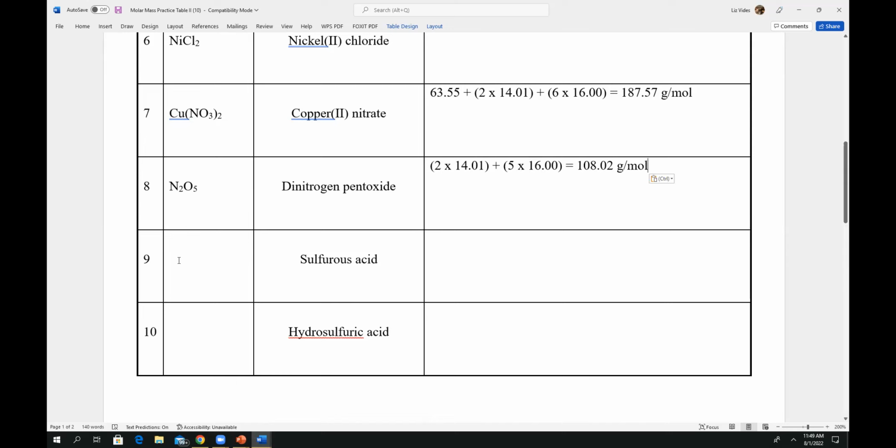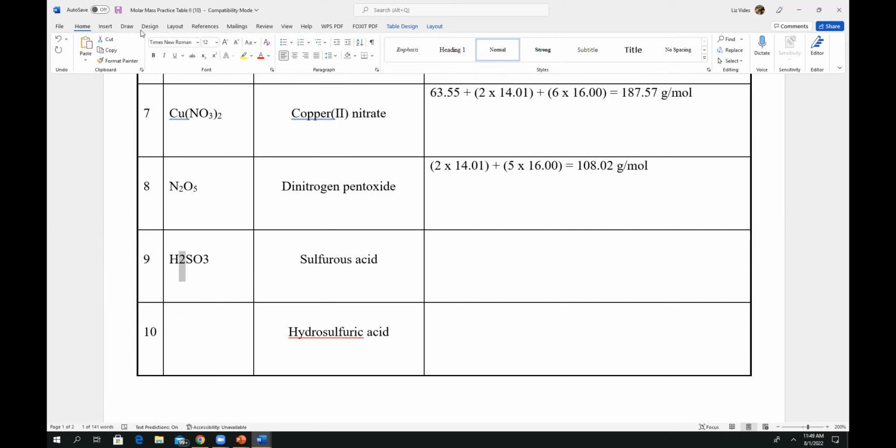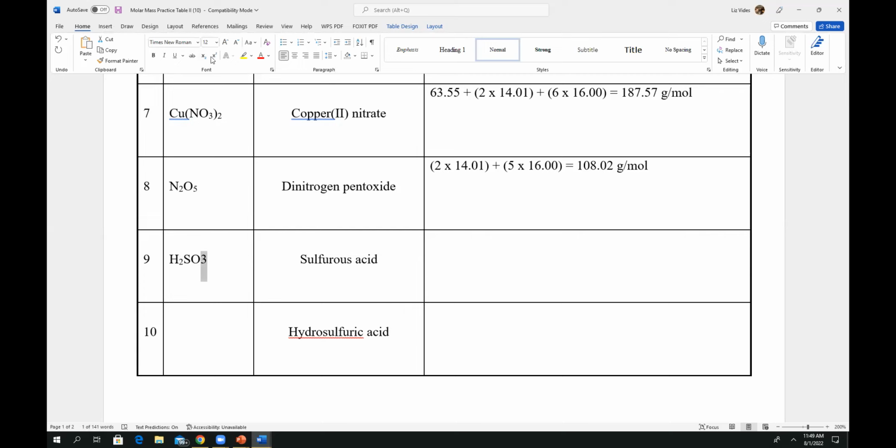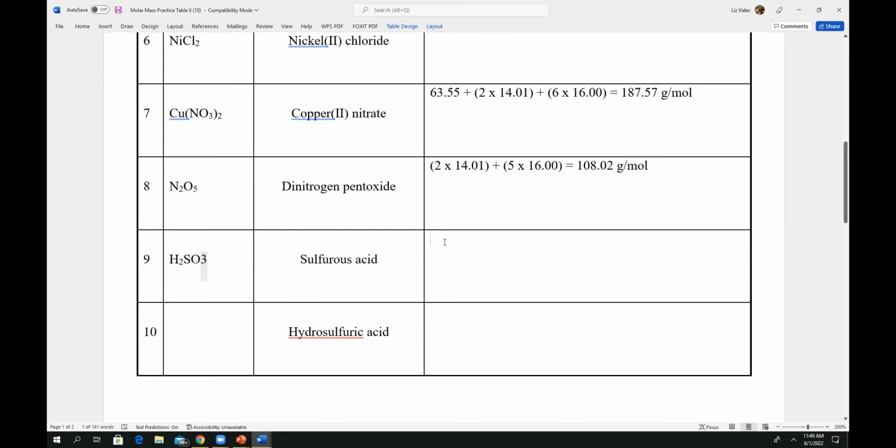Okay, sulfurous acid. So that is H2SO3. This is sulfurous, it comes from sulfite, and sulfite is SO3, not SO4. And we have the same thing.